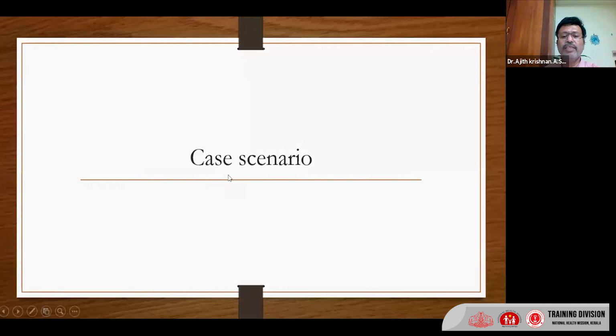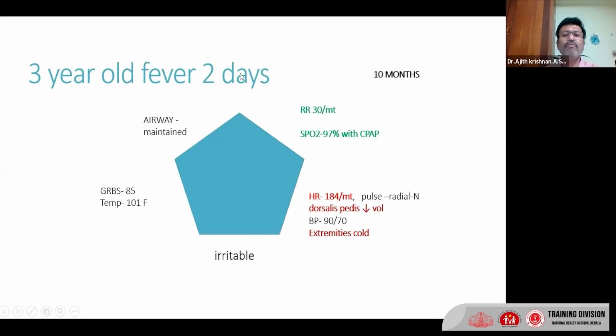So we'll go to a case scenario. This is a 3-year-old with fever for 2 days, and you should look at airway, breathing, circulation, and CNS, and you have to do the GRBS, and the temperature also you should take.